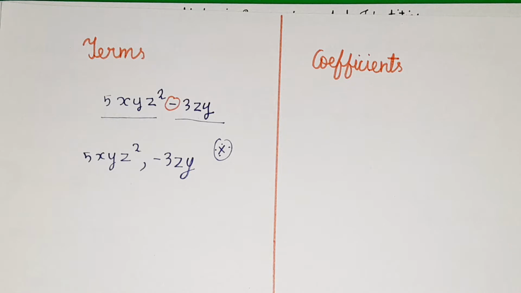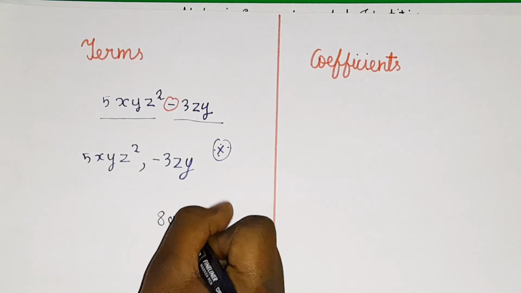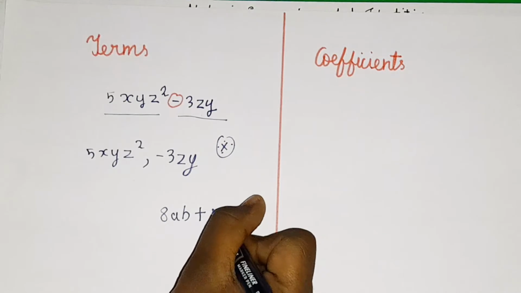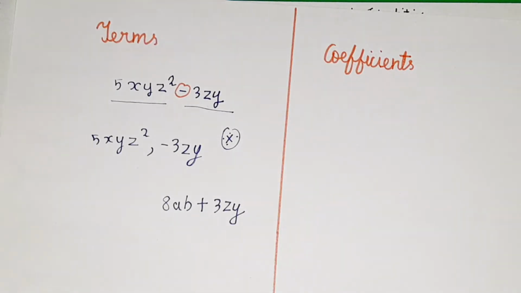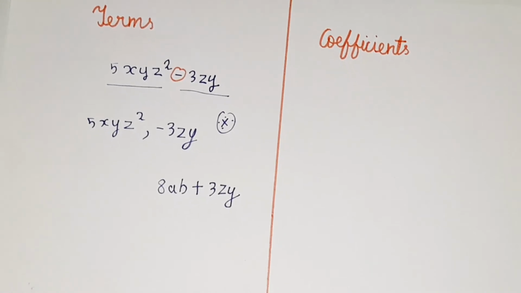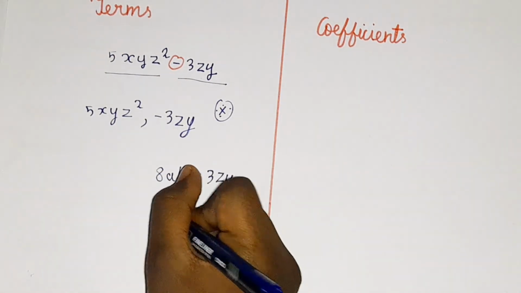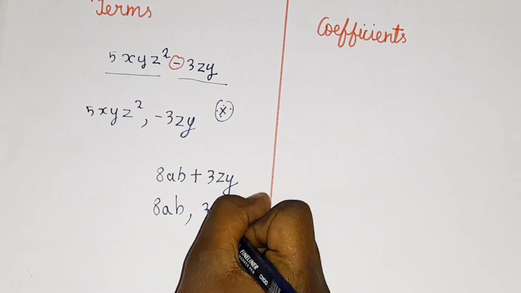Let me give another example for this: 8ab plus 3zy. This is the question, and we are going to find the terms. The terms are 8ab, comma, 3zy.